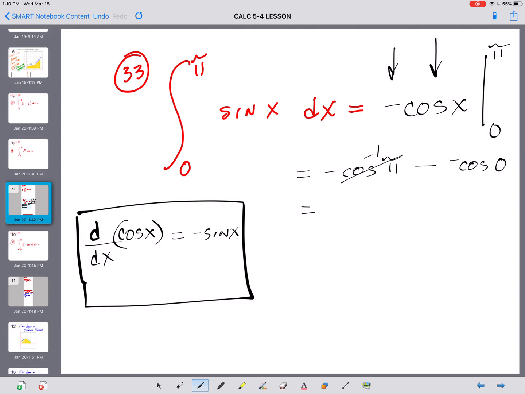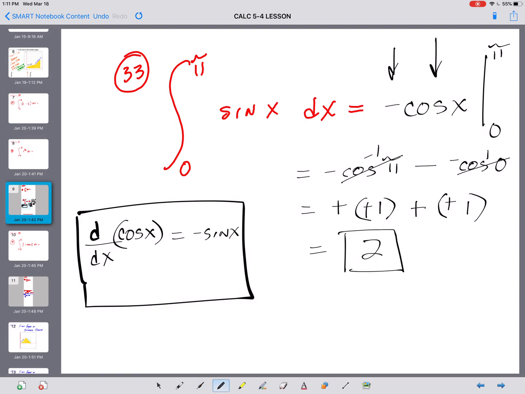Cosine of 0, that's going to be a positive 1. So here's what we got. Negative of negative 1 minus, and then we've got negative 1. There it is. Okay, so hey, minus a negative plus a positive. We have 1 plus 1 is 2. There's our answer right there.